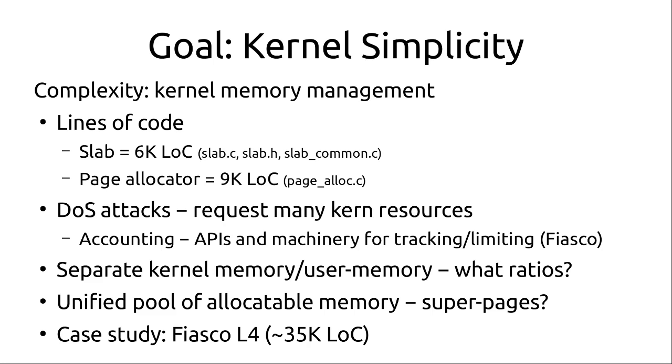If we look at the number of lines of code within Linux for a slab allocator, this is one of the simpler slab allocators, there are multiple in Linux, it's about 6K lines of code. It's relatively small in the grand scheme of things, but it is relatively large when we talk about the size of microkernels. And then the slab allocator is not self-sufficient.